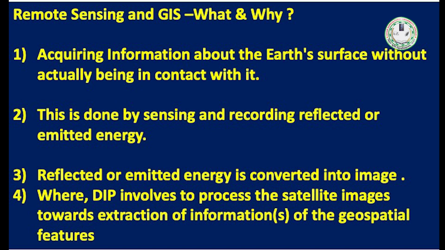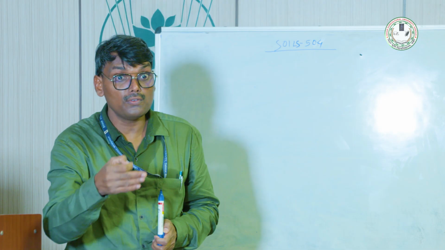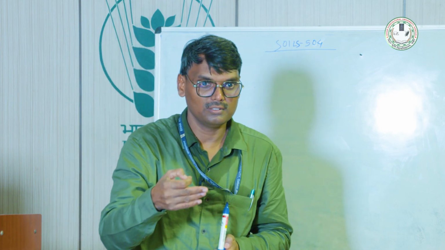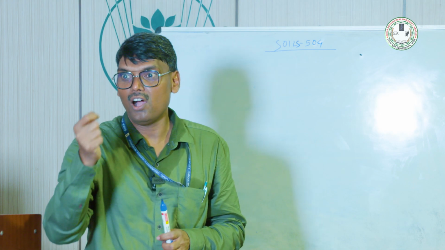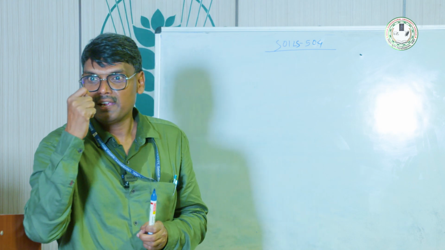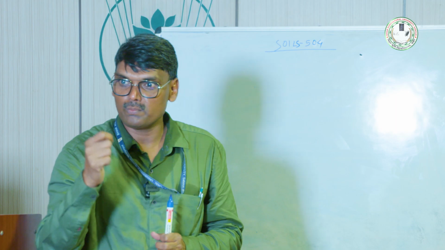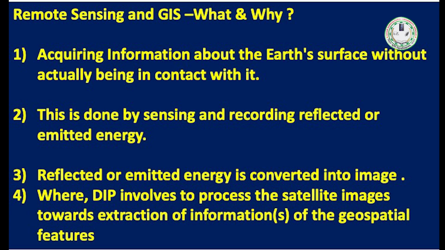The most important thing is we have to understand the role of digital image processing, because this is the fundamental thing: how images are processed by the computer system and software. Why are we interested in digital image processing?